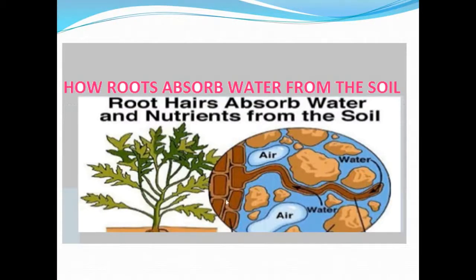Now you can see in this slide that this is a plant and one root hair is shown over here in an enlarged magnified diagram. It is surrounded with air and water molecules. So this water enters, which is shown by the arrow, into this root hair and then goes inside the root.